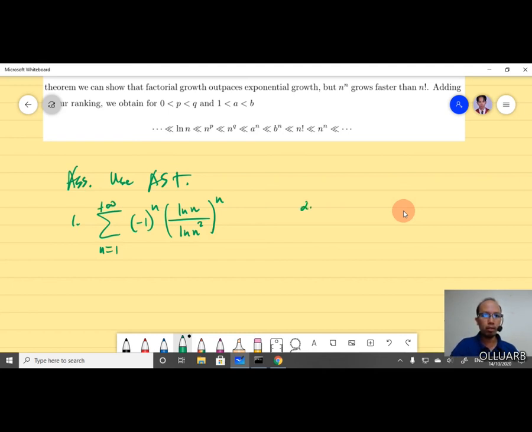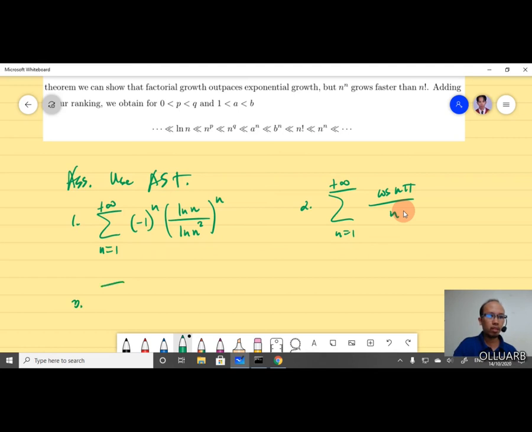Number 2, you have the summation of cosine n pi over n, where n starts from 1 to positive infinity.